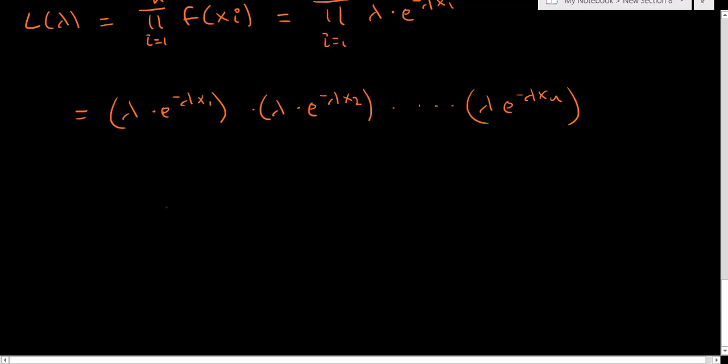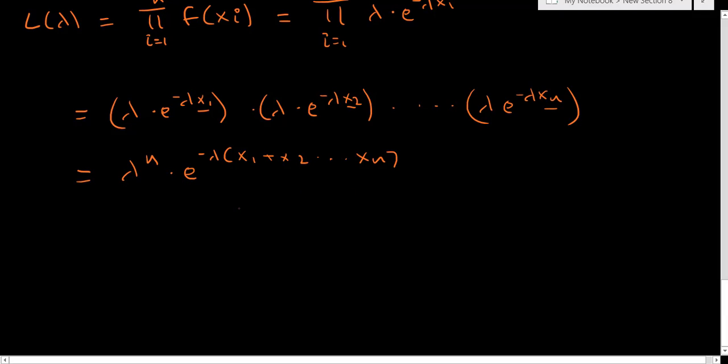Okay, so that is what I have here. Now let's just multiply this. There are n lambdas being multiplied together, so they give lambda to the power of n, and then we have got e to the power of minus lambda also multiplied n times, but with different xi's. If I multiply all of these, their powers, that is the xi's, would add up. So minus lambda would come out common, and I'll have the xi's added up inside, going up till xn.